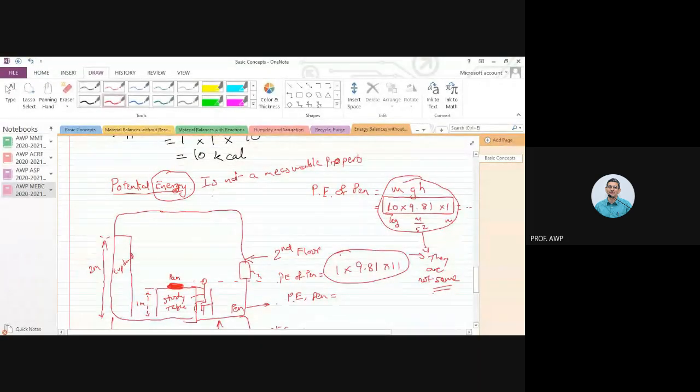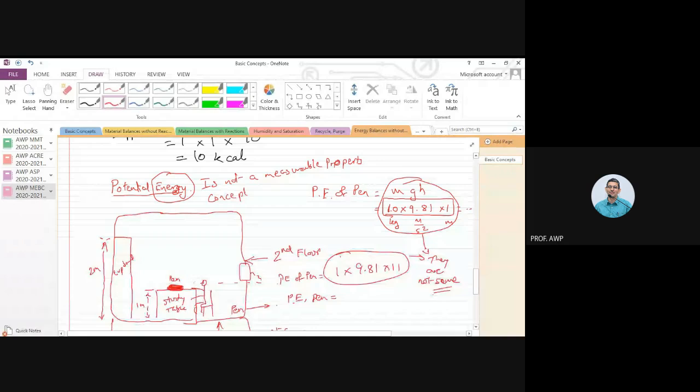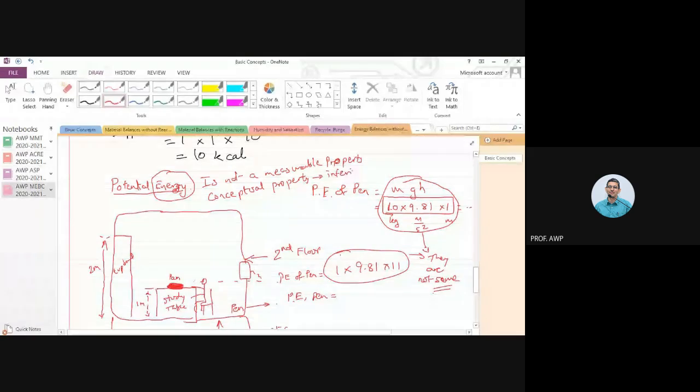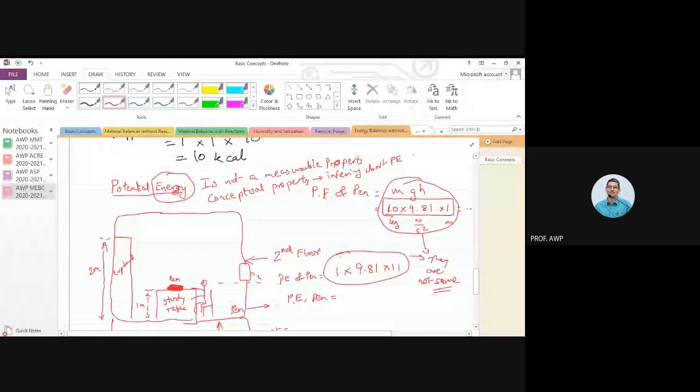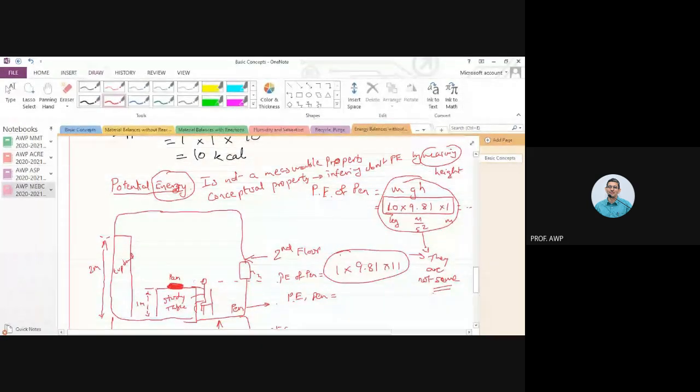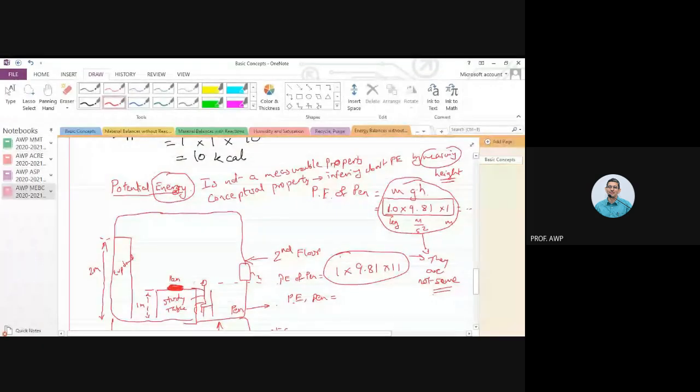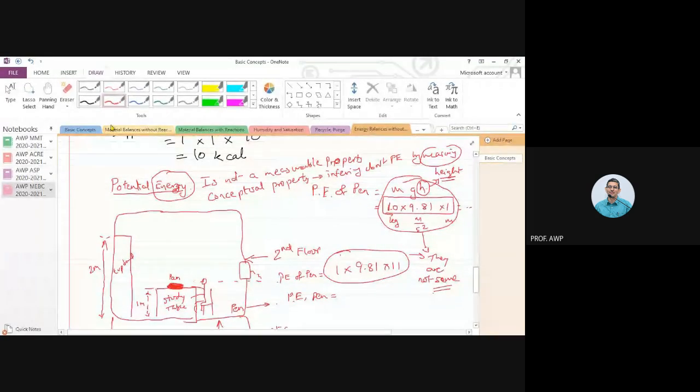It is a conceptual property. We are inferring about potential energy by measuring height. Do you agree with that?